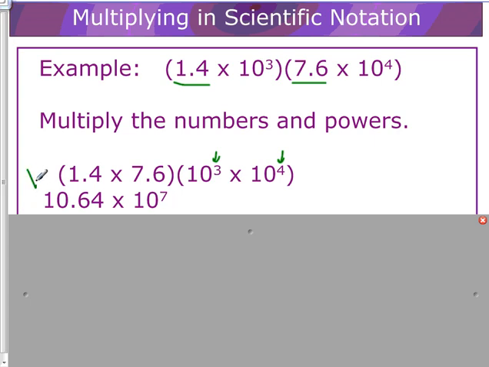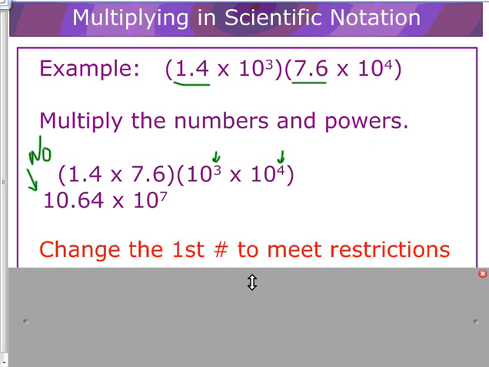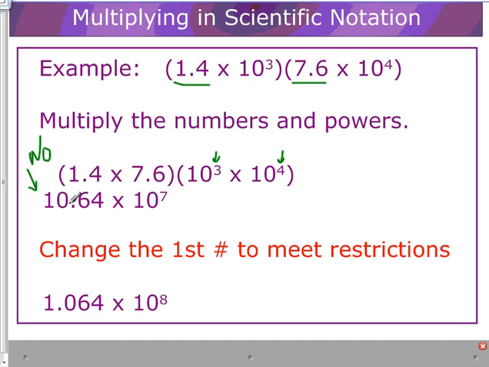Is this correct scientific notation? No, we can't keep it like that. This number is not between 1 and 10. So I need to actually move the point over 1, make it into 1.064. And then since I moved it backwards 1, I need to add an exponent here, which is where we get the 10 to the 8th power.